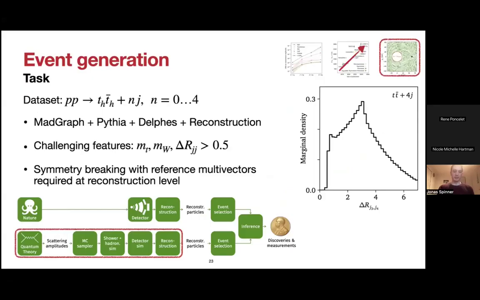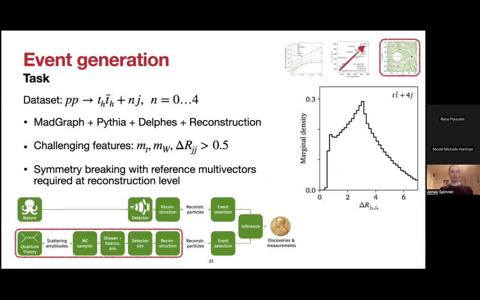The dataset that we train on is two top quarks, which both decay hadronically, and then up to 4 extra jets. So this is, I think, already quite challenging. And then we have a full simulation, so MadGraph, Pythia, Delphes, and in the end, a reconstruction algorithm. And then what we want is to really get all the correlations that you can come up with in this up to 40-dimensional phase space correct.